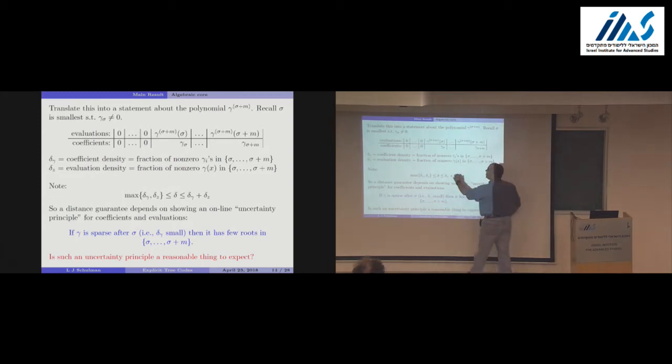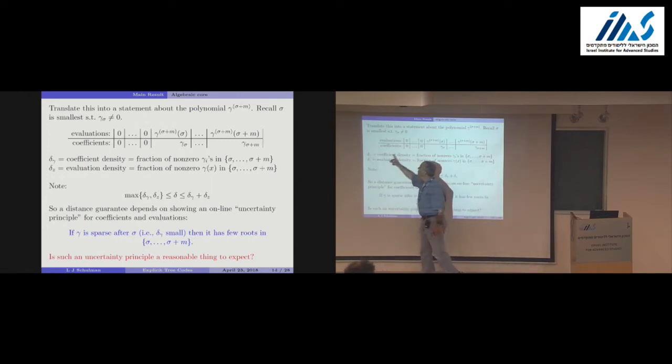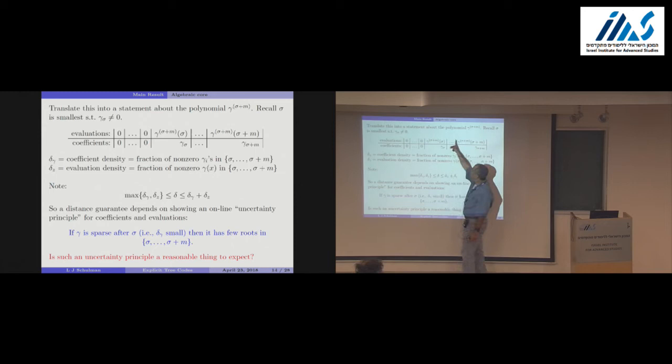So I'm going to look at the density of non-zeros downstairs in the coefficients and the density of non-zeros in the evaluations. So I'll have two different densities: the density of the gamma stream, and the density of the z string, the fraction of non-zeros upstairs. There's a simple equivalence that says that the actual distance that we get, namely the distance on pairs, is somewhere between the maximum of those two numbers and their sum.